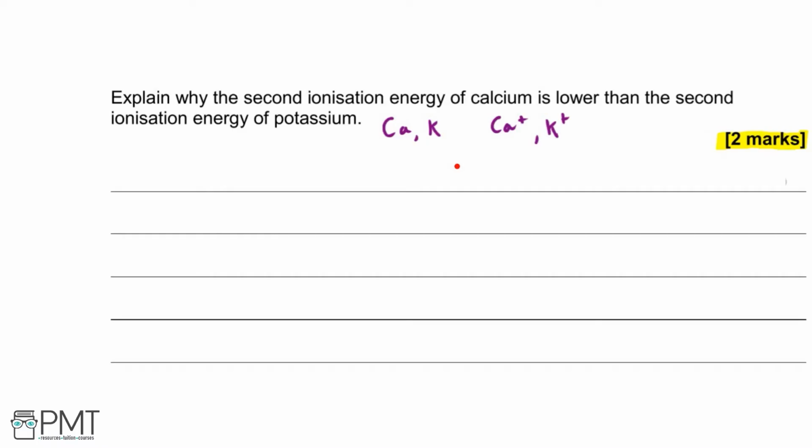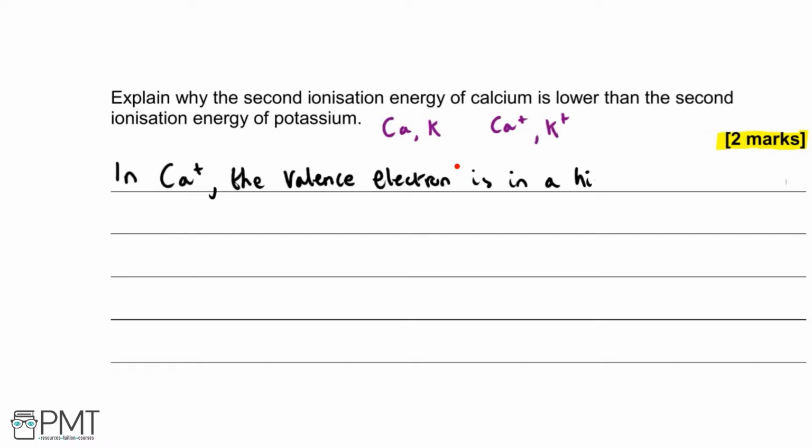And that gives us a clue as to what the first reason is that the calcium's second ionization energy is lower, and that is that in our calcium ion, that's our Ca+, the valence electron, that's our outermost electron, is in a higher energy orbital.